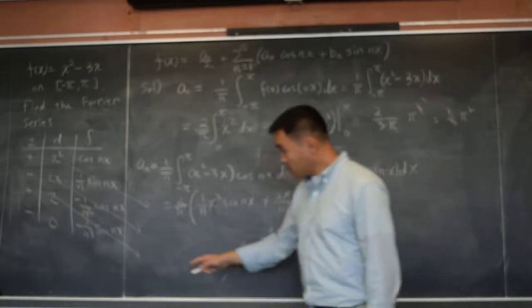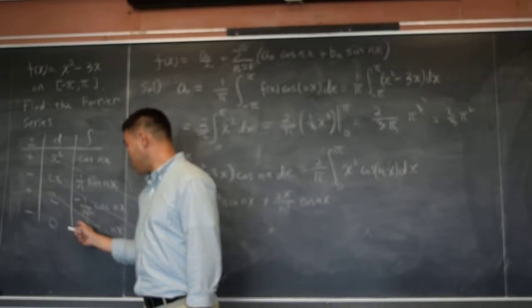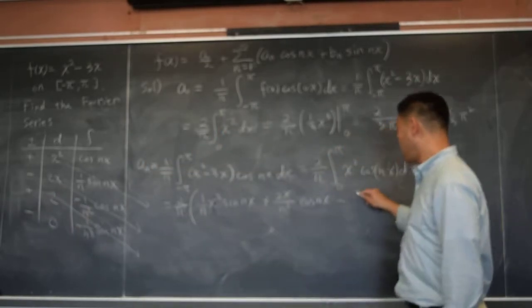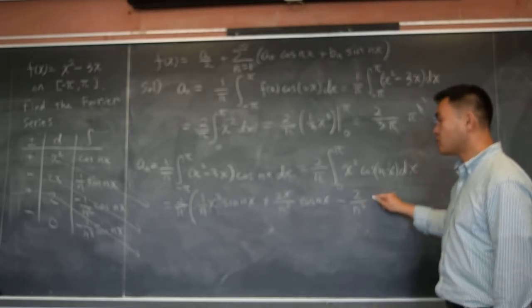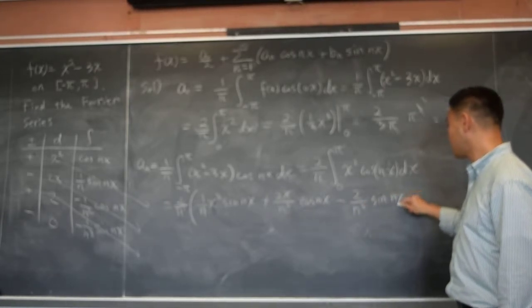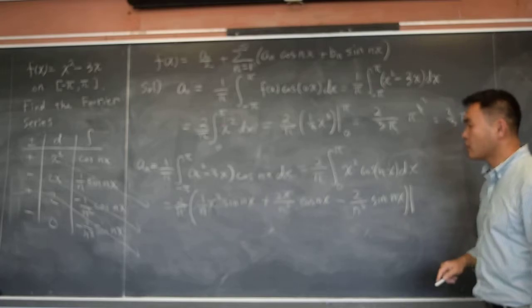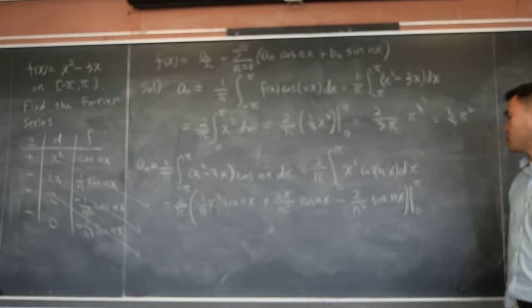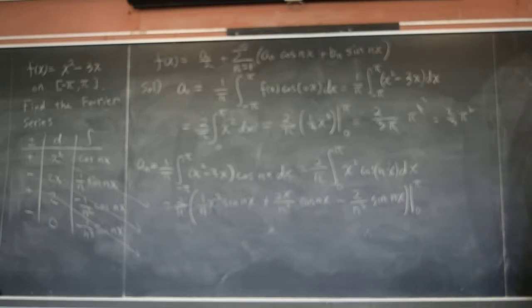And then it's plus times negative, so it's negative 2 over n cubed sine nx. And you're plugging in what and what? Pi and 0. Pi and 0. Okay.